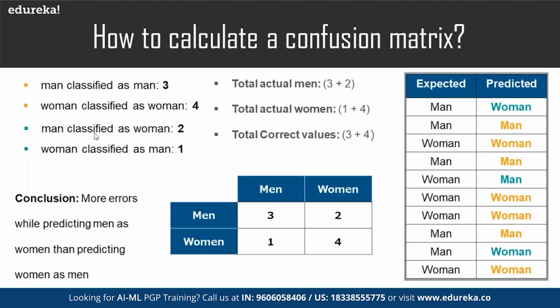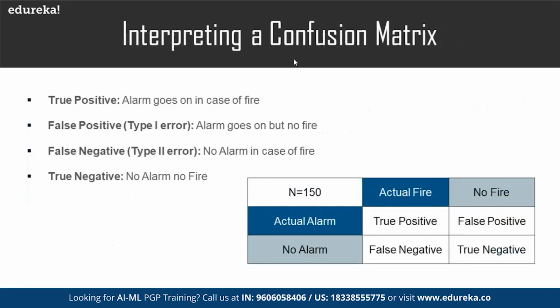As per these given values, the conclusion is: more errors while predicting men as women than predicting women as men. It's just an example, so let's not consider it much now, but all you need to know is what the confusion matrix is and how we interpret and comprehend it like this.